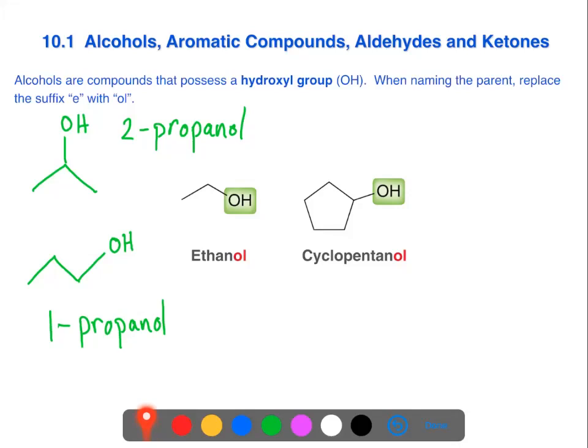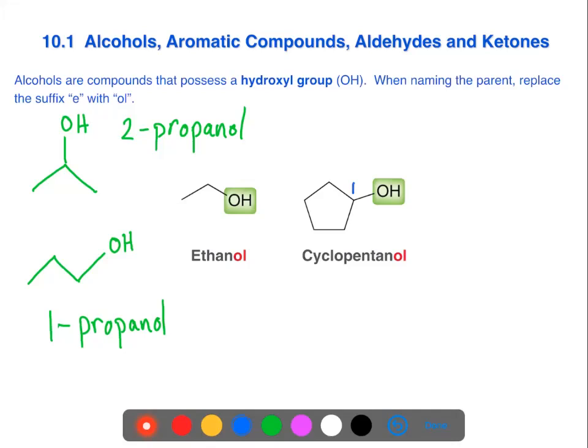Now for ring systems, when the hydroxyl group is the only substituent on the ring, we would refer to this as cyclopentanol. And when the hydroxyl group is the highest priority group around the ring, it never needs to be given a particular locant because it's always assumed to be carbon 1.